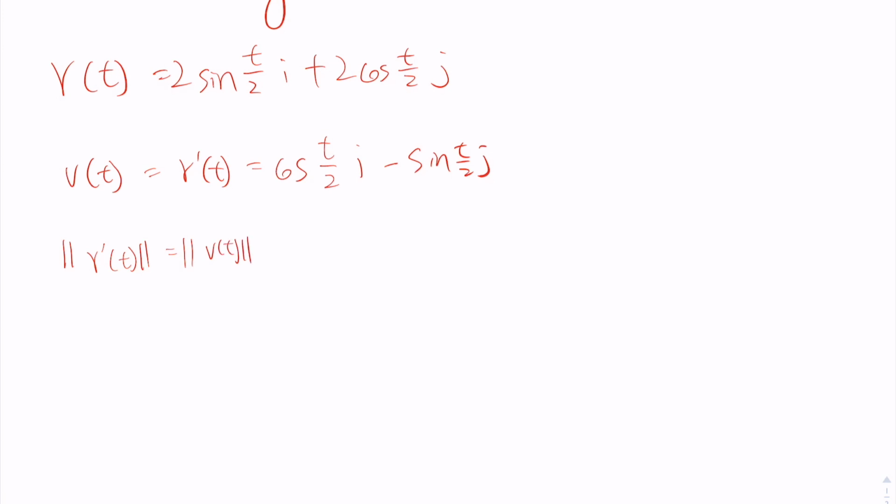That equals the square root of cosine squared t over 2 plus sine squared t over 2. You see there's no i and j because we're just taking the value of these. And actually it's 1 because cosine squared theta plus sine squared theta equals 1.